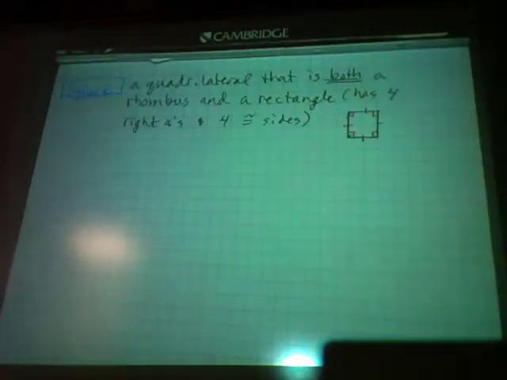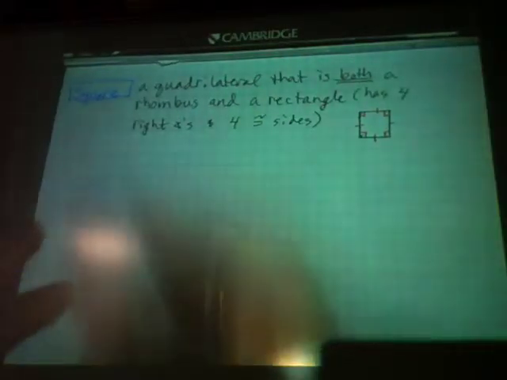I want to look up a more difficult question than what I have in my notes regarding your square. So give me just a minute. All right, so example 2.